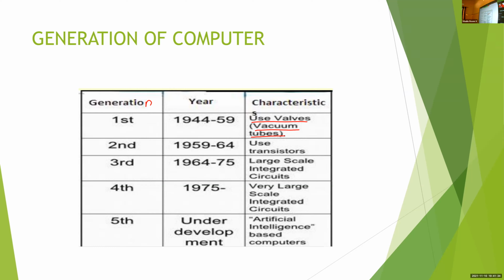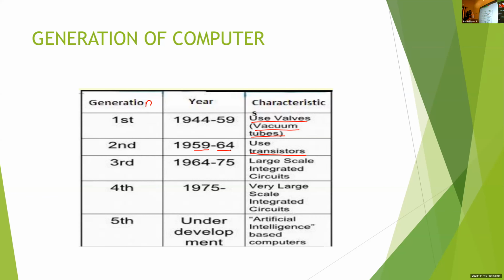To reduce the size, at the time of second generation, they used transistors. The year is 59 to 64. There is no need of memorizing these years. Learn these characteristics. The first generation computer uses vacuum tubes. Second generation computer uses transistors.